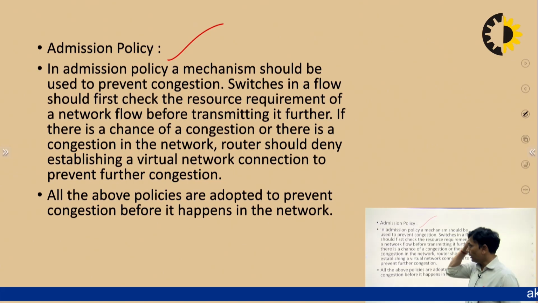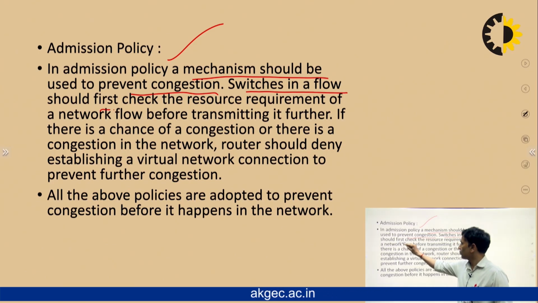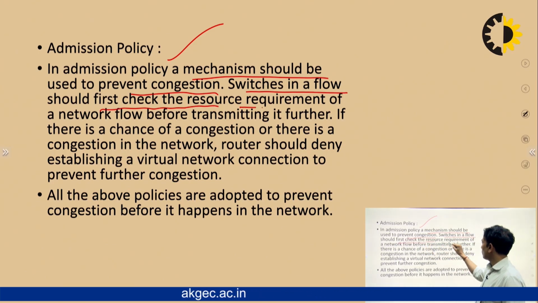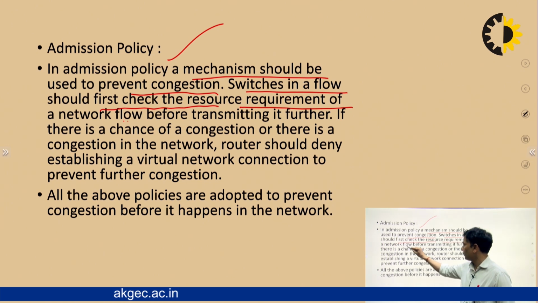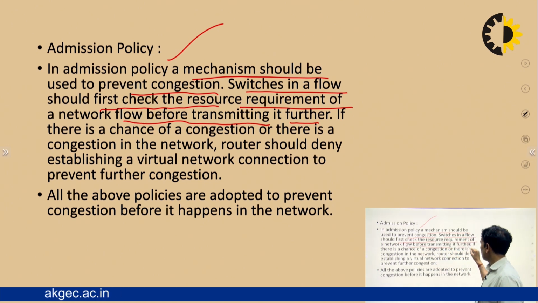Open loop means the strategy applied before the congestion happens. In the admission policy, a mechanism should be used to prevent congestion. Switches in a flow should first check the resource requirement of the network flow before transmitting it further.